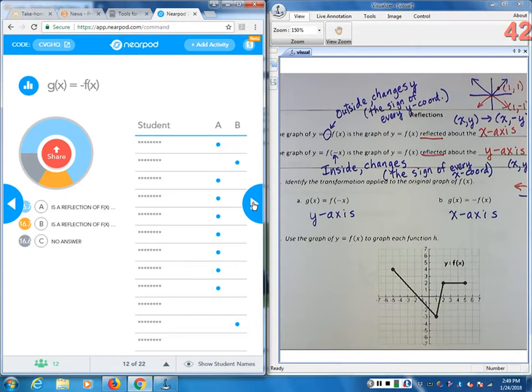All right. You done? Oh, I'll hit share. So you just answered the left. That's a reflection about the x-axis. And it does let you answer two answers.